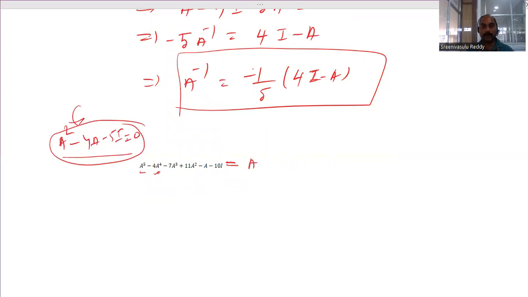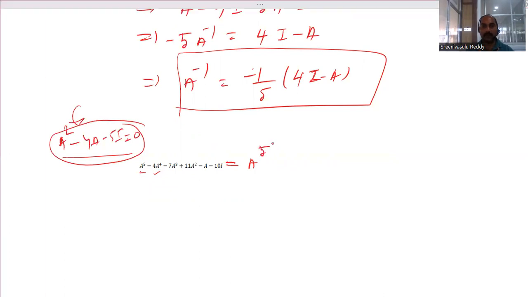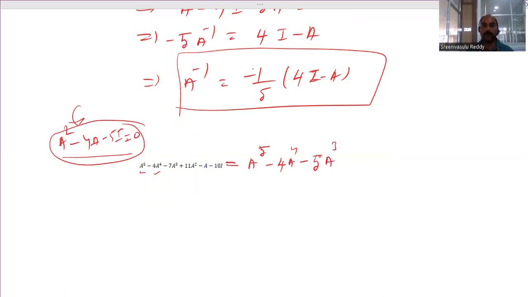What common factor is better? A cube. It is written first, so you can easily simplify. A power 5 minus 4A power 4 minus 5A cube, minus 2A cube, because 7 is written as the sum of two terms.